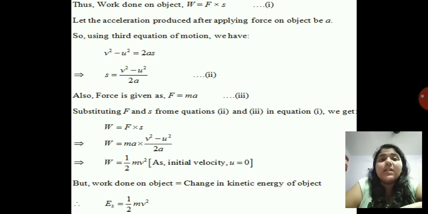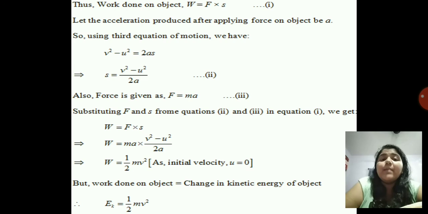Firstly, you have to remember the work done formula, that is W is equal to F into S. Then you have to remember the third equation of motion, that is v square minus u square is equal to 2as. Now we want that equation in terms of displacement, therefore we keep s as it is and shift that 2a down, so it will be in terms of displacement.